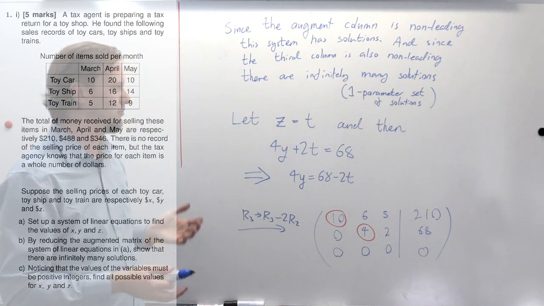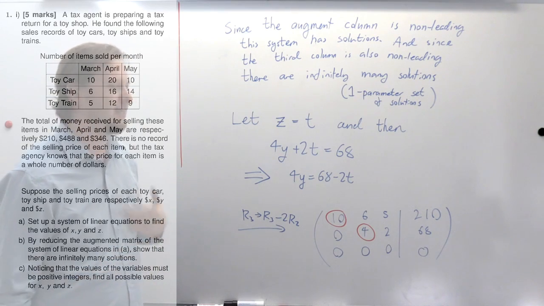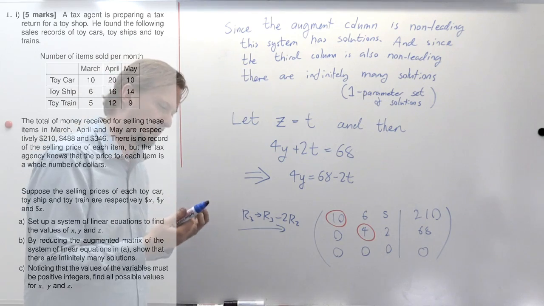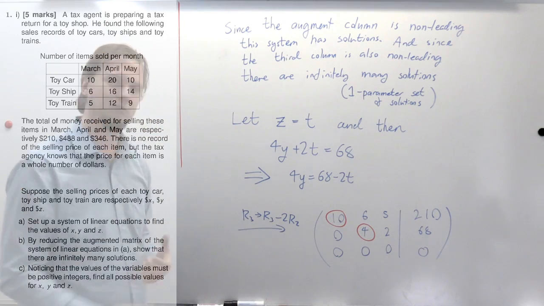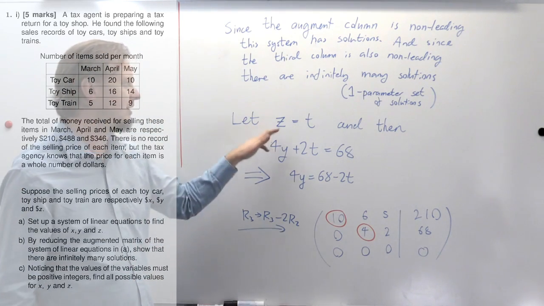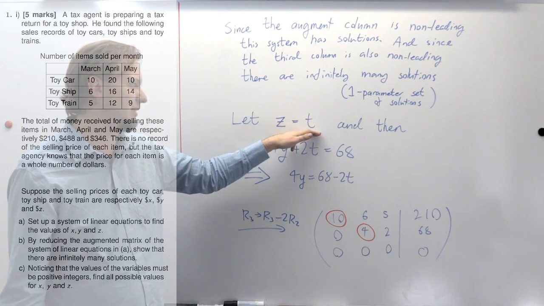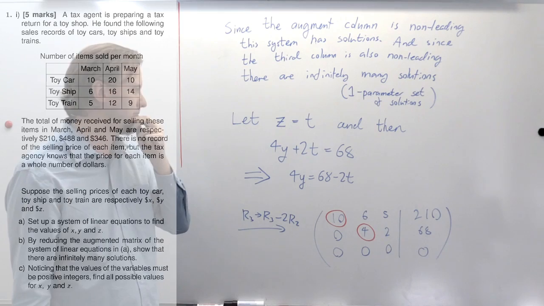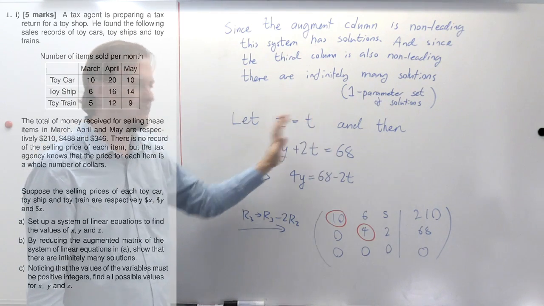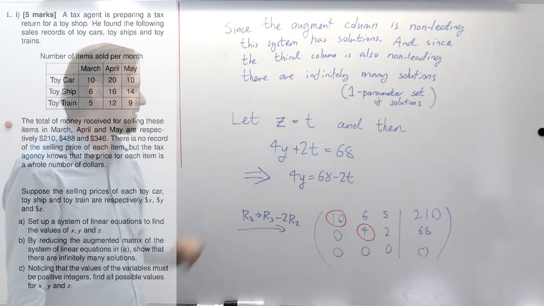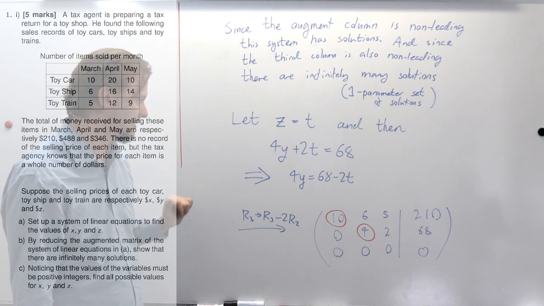I personally find that clearer to say, okay, I'm using this as a parameter. Let's give it a different name to distinguish it. So that's just my own choice. If you left this as z, that's also fine. I can't complain about that. But my own personal choice is, I think this is clearer myself. I wouldn't mark someone down for using z, but that's not what I would do personally.